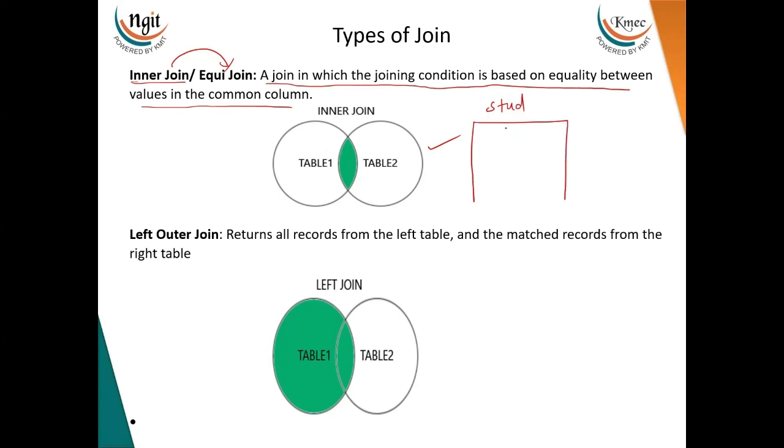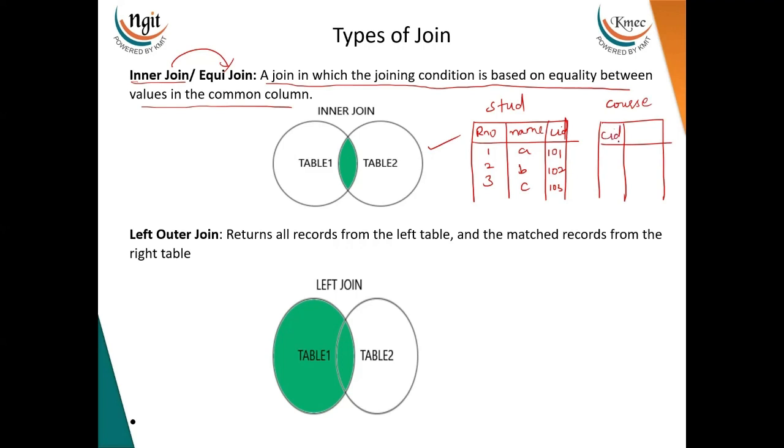This is my student table with some attributes, namely roll number, name, and the other one is course ID. And now I'm going to take one more table. Say the other table is the course table, which contains two attributes, namely course ID and course name.